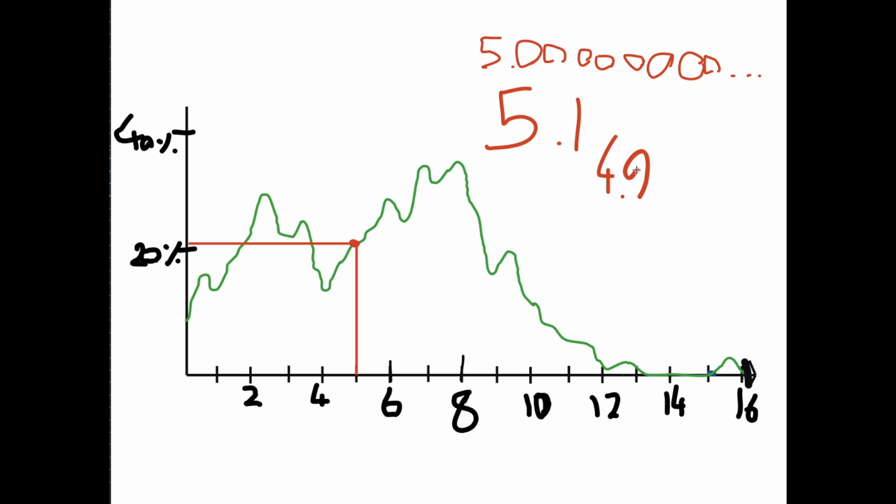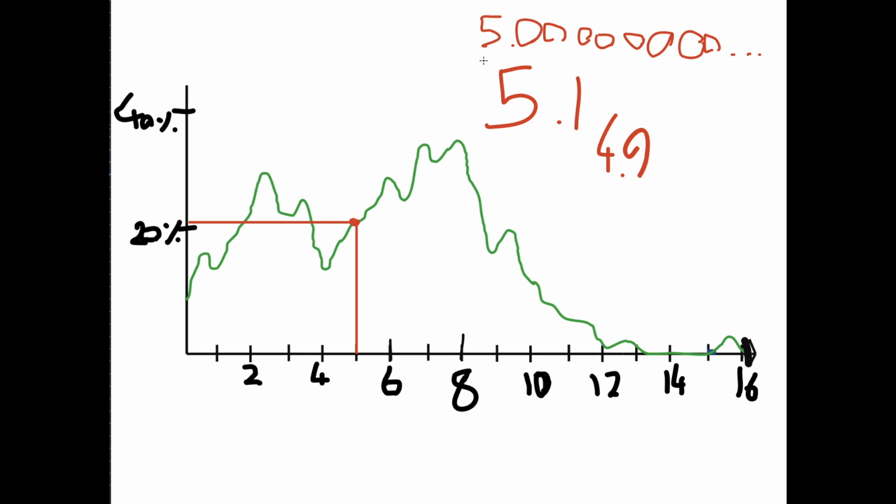Or if we look at a different example, cups of water that people drank every month, and then take the average of all those numbers. No one person is going to drink exactly 5 cups of water. It could be 5.0000001 or 4.9999999.